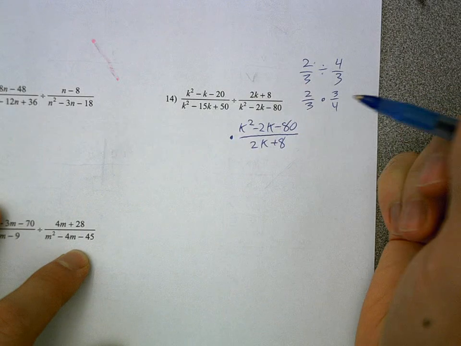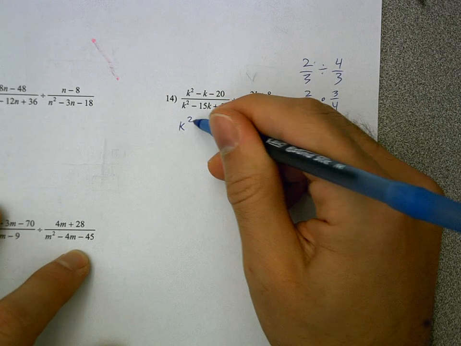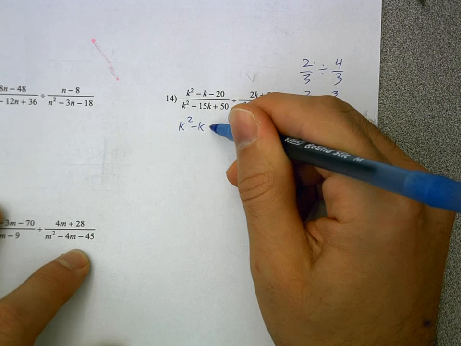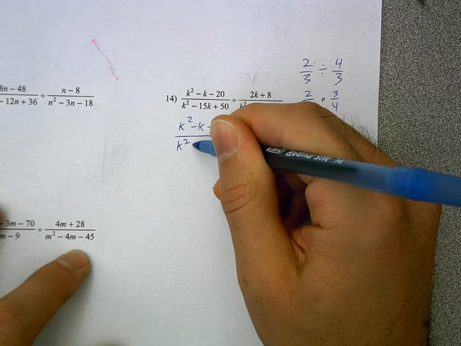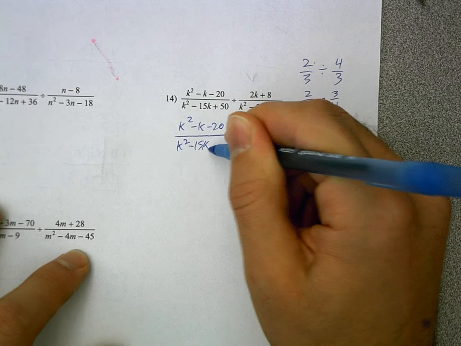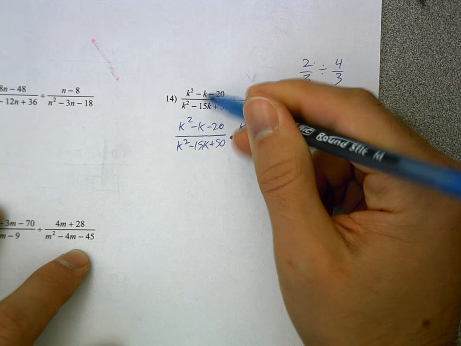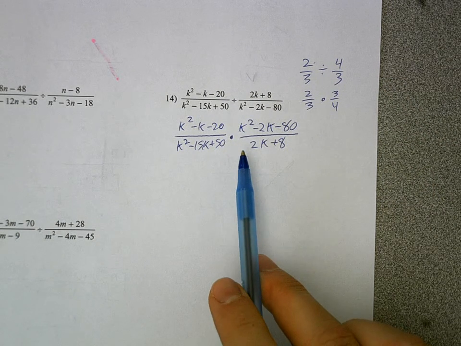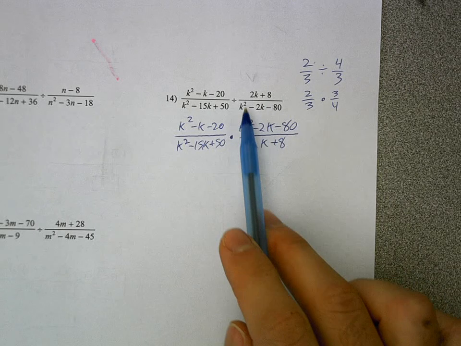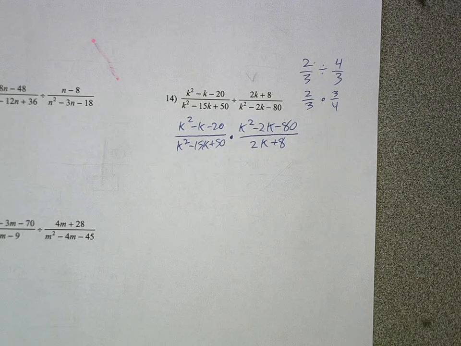The first one stays exactly the same. K squared minus k minus 20 divided by k squared minus 15k plus 50. So the first one does not change. But the second one, we make it multiplication by flipping that other fraction upside down. And now the rest of it's exactly what we were doing just a moment ago. It's all the same. So let's finish this one.